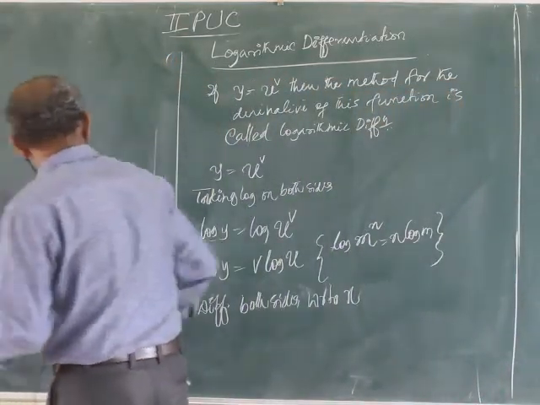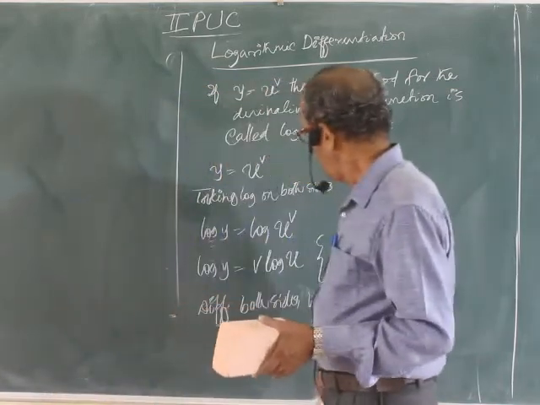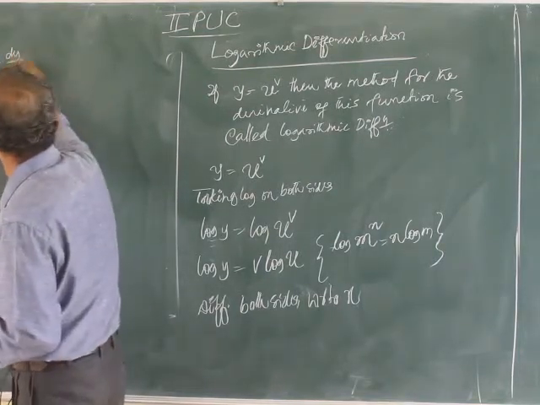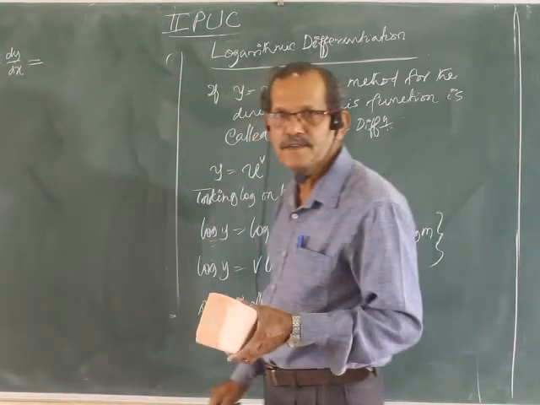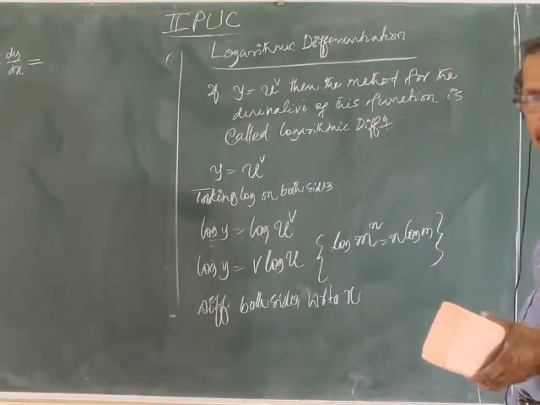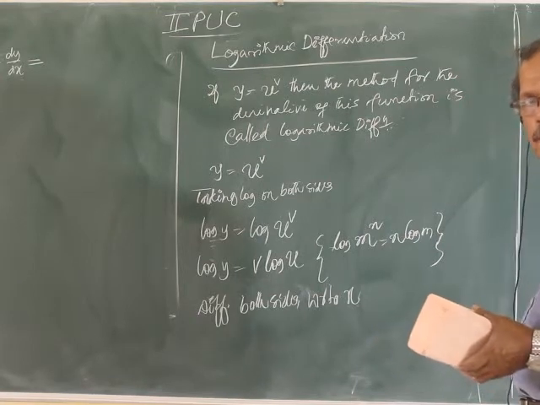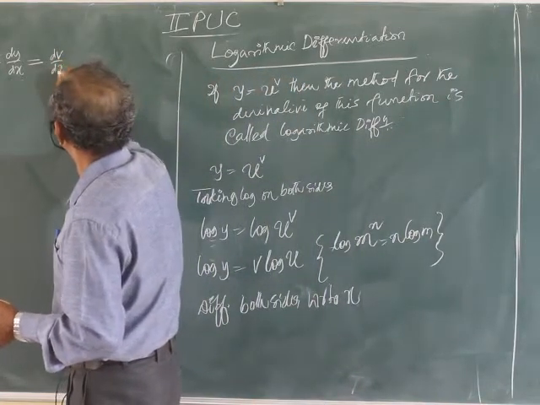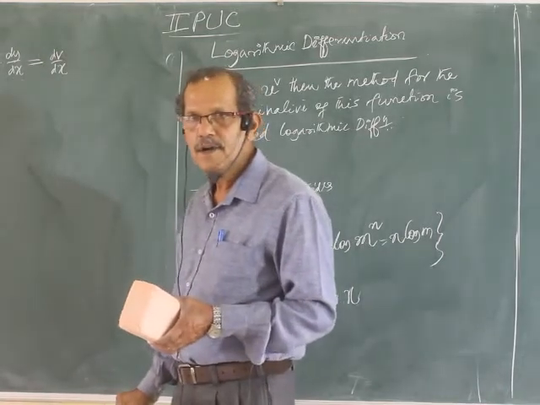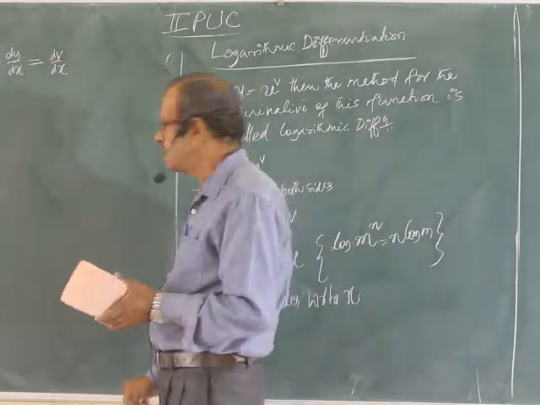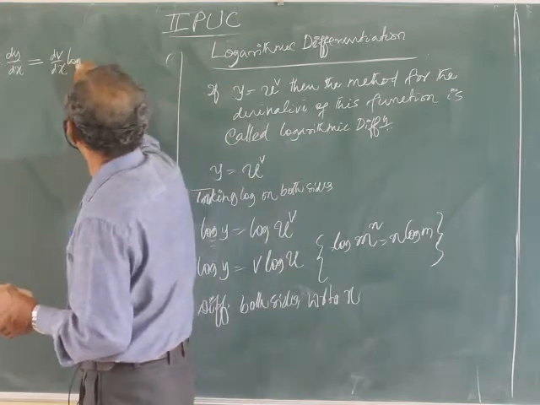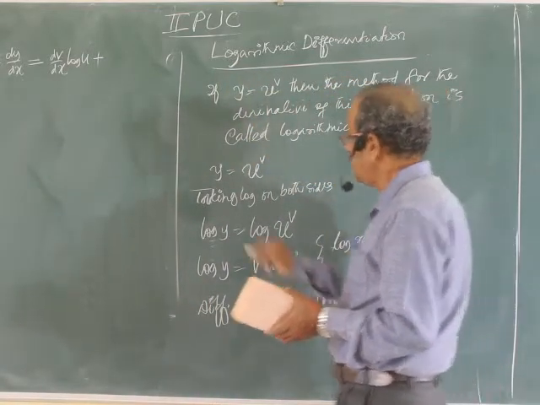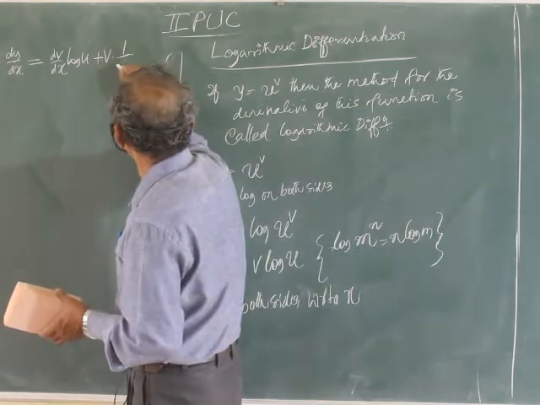What you get? Left hand side is 1 by y, since the derivative of log is 1 by, and the derivative of y is dy by dx, equal to right hand side, product formula: dv by dx into log u plus v into derivative of log u.